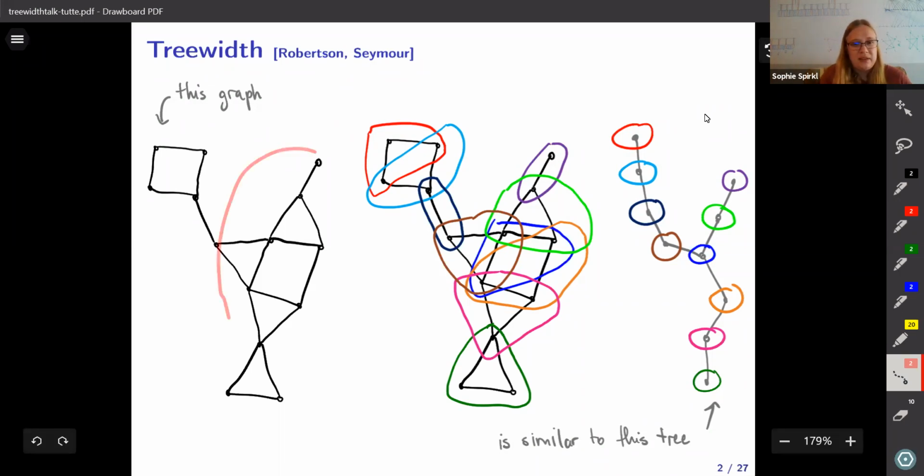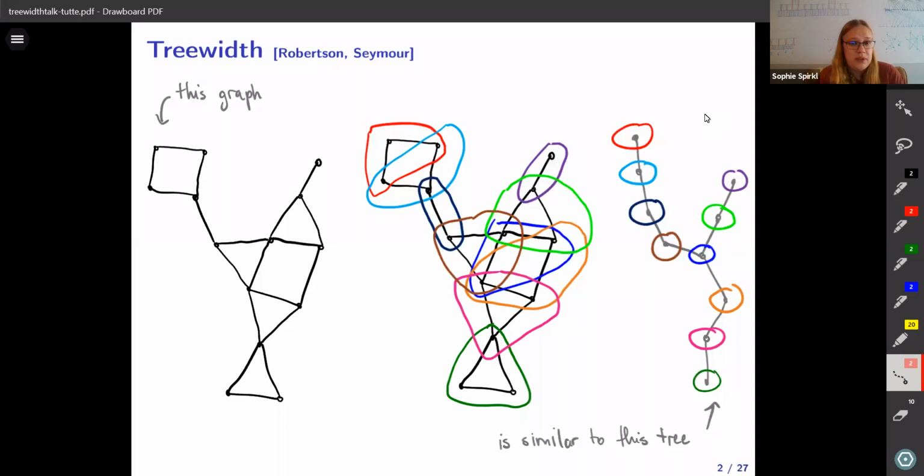So if you look at this graph, here are a bunch of colorful sets, and the way these sets interact is in some sense encoded in this tree where we have a vertex for each colorful set. If a graph has small treewidth, we like that lots of algorithmic problems can be solved efficiently.